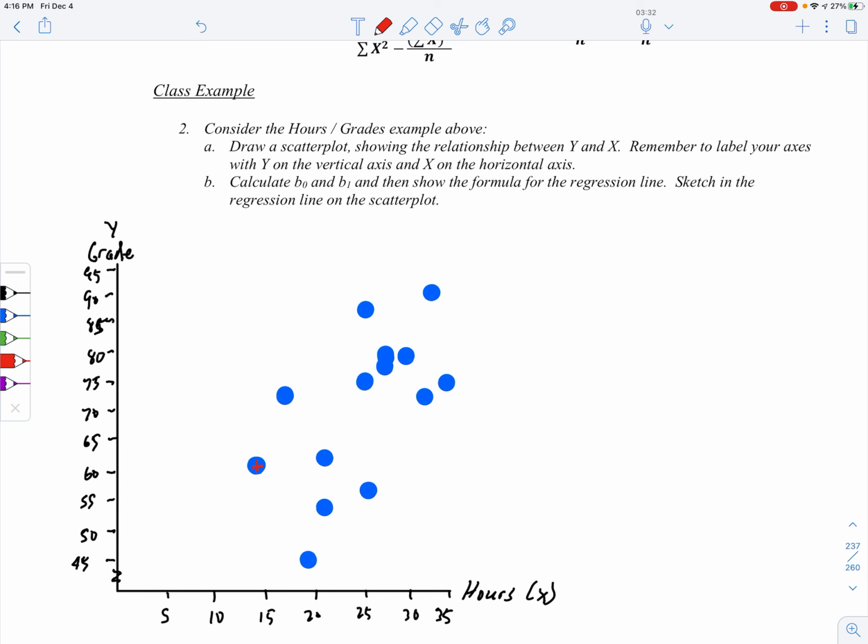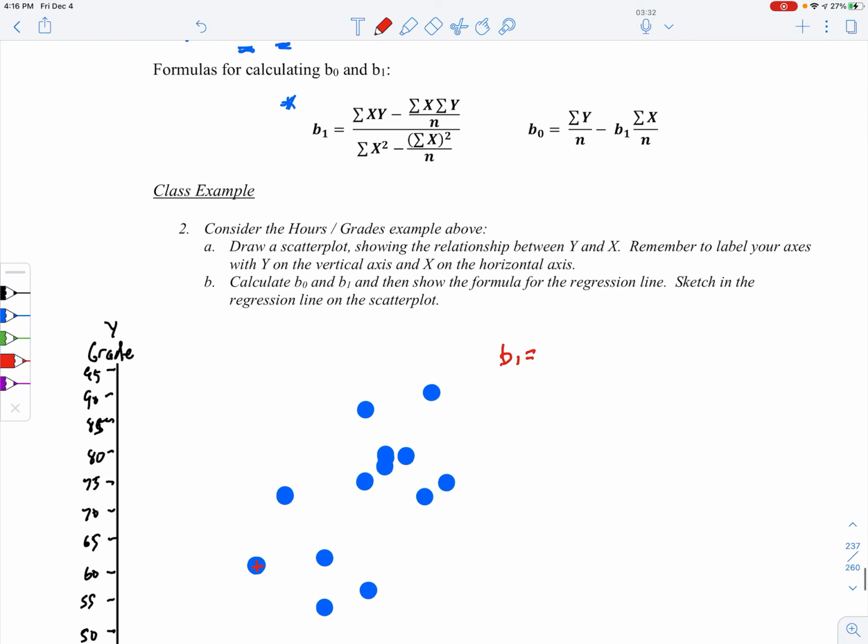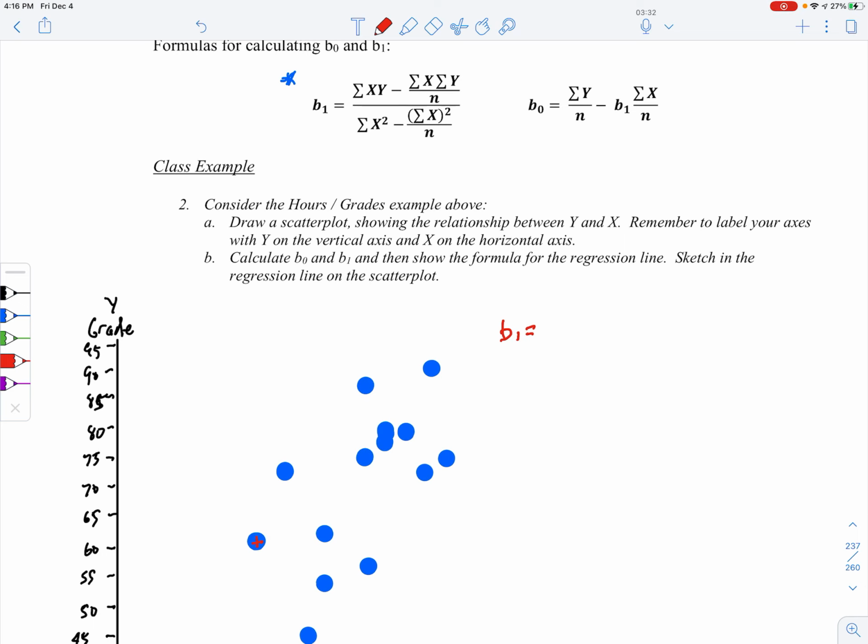And so the calculation then for the slope is equal to, and again I'm going to be using these formulas at the top of this page here. So the sum of the xy's is 25,864 minus, and then we've got 368 times 1,031 over 15.